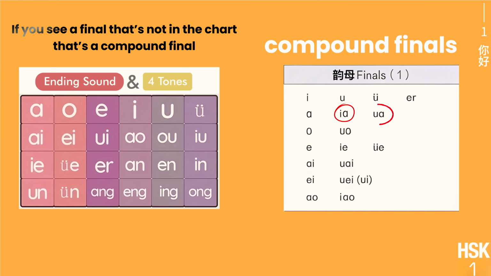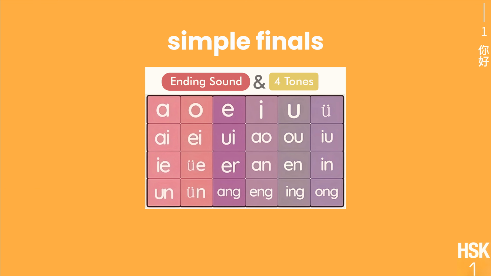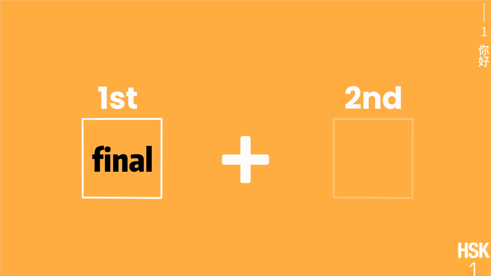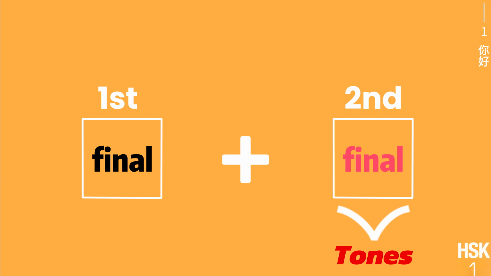If you see a final that's not in the chart, that's a compound final. Remember, the 24 finals in the chart are all simple finals. Also, here's a pronunciation tip. The tone mark always goes on the second final in the compound.